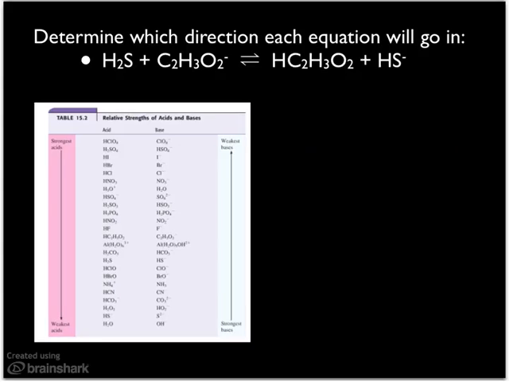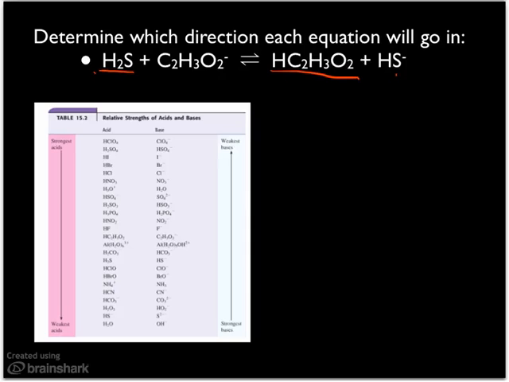Here's another example where, again, the first thing you want to do is figure out which ones are acids. You might see that on this side you have H2S, and on that side you have HS minus. Which one would be the acid? Well, in this case it's going to be the H2S, because that's the one that has that extra H on it. So that's your acid here, and then here's your other acid.